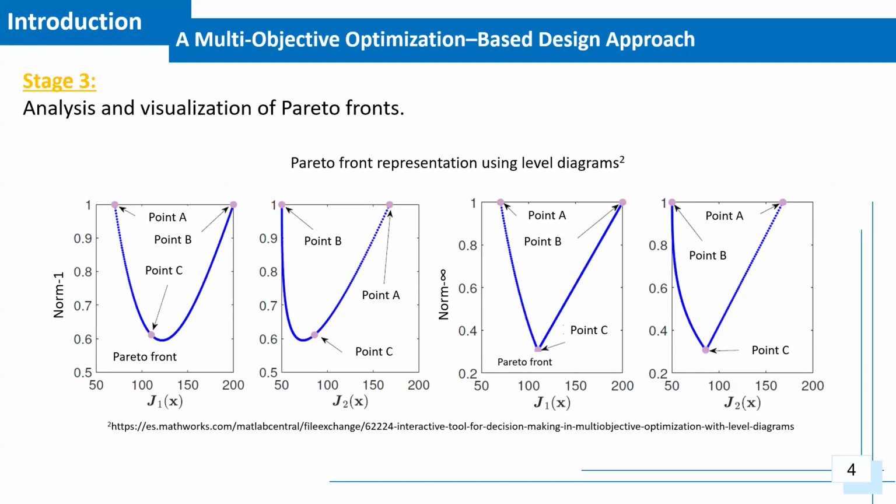The level diagram tool assigns each objective its own graph, as well as each of the decision variables. The vertical axis of each graph corresponds to the value of the norm selected to represent the Pareto front, and all graphs are synchronized with respect to this axis.